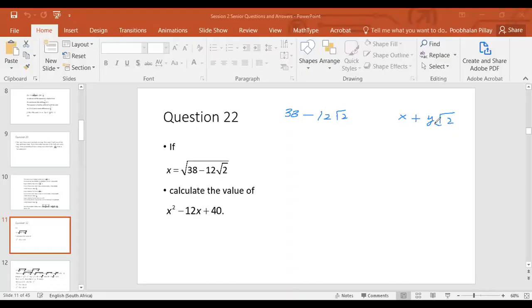In fact, it is true. Whenever you have a thing like this, the square root of that also looks very similar to that: something times square root of 2. So I'm going to assume that the square root of this looks like that.